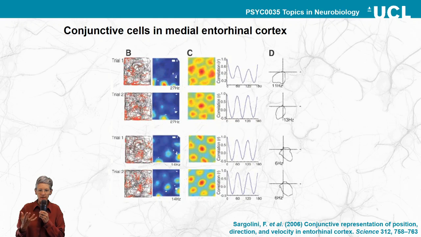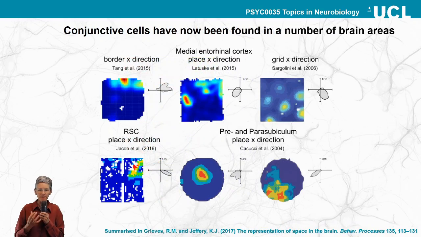And there are some cells that are theta modulated, so they are combined direction by theta or place by theta and so on. So these conjunctive cells that seem to combine properties may be steps in a processing hierarchy where information is being put together, if you like. And we're still trying to work out quite why that's happening.